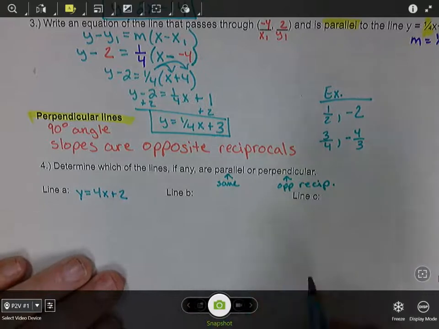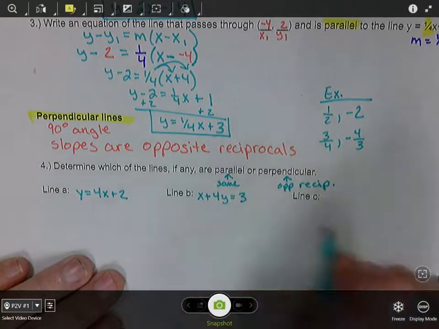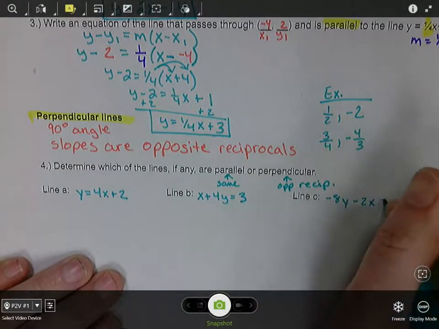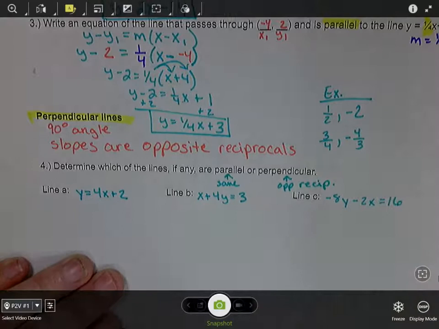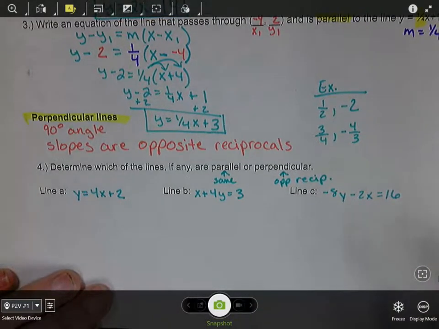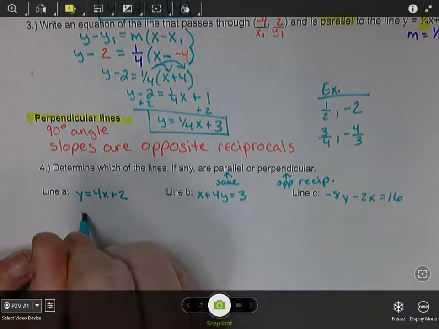Line B is x plus 4y equals 3. And C is -8y minus 2x equals 16. Okay. Now, usually, if it was already in slope-intercept form, y equals mx plus b, it would be easy to tell. For instance, line A, your slope is 4.